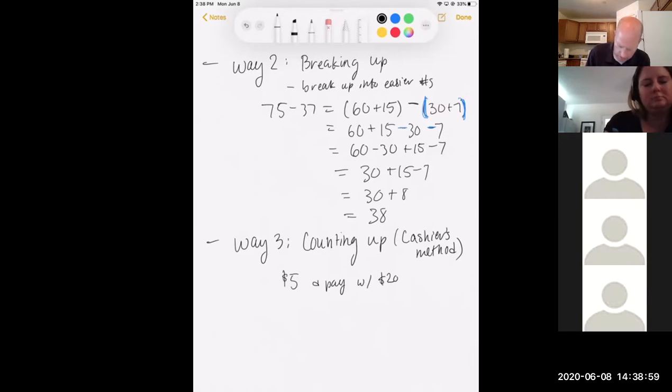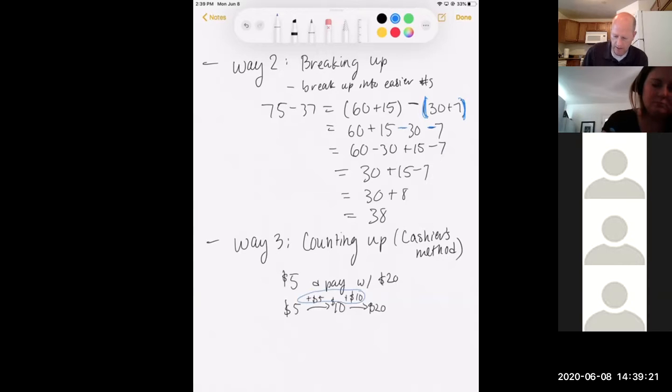They could start with $5, add on $5 more to get to $10, and then give another $10 to get up to $20. The answer will be the change, the difference.